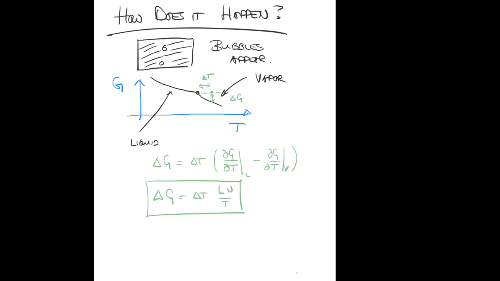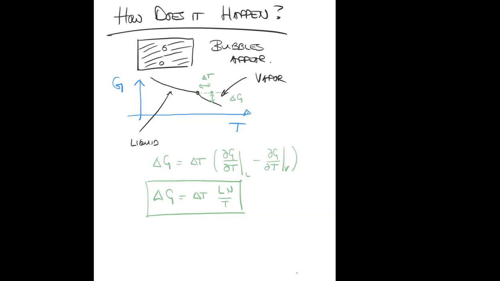If you form a bubble of this stuff, that costs a certain amount of Gibbs free energy, related to the delta T where you want to do it, the latent heat, and the number of particles in the bubble.